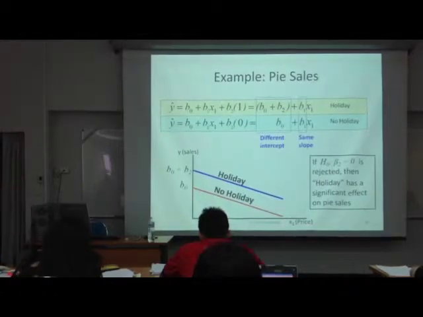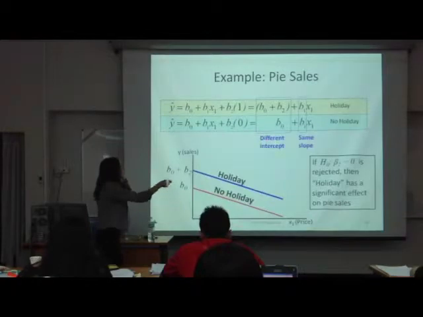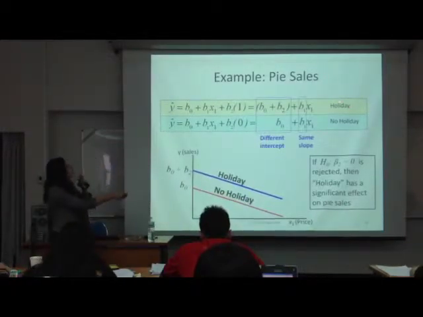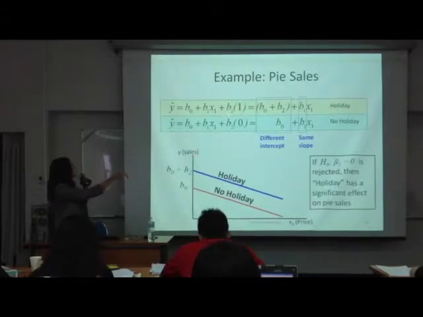And you can see that what we assume here is that they have different intercept terms but the same slope, right? Because for holiday, that means that x2 is equal to 1. Okay, so we have this equation for holiday.